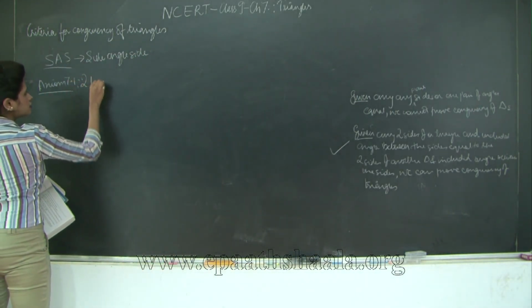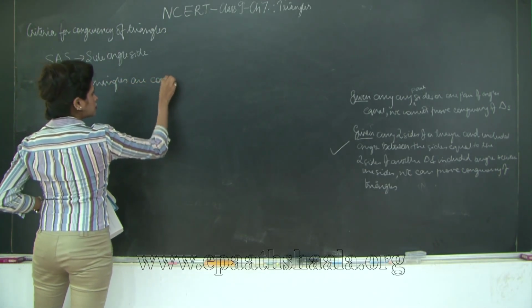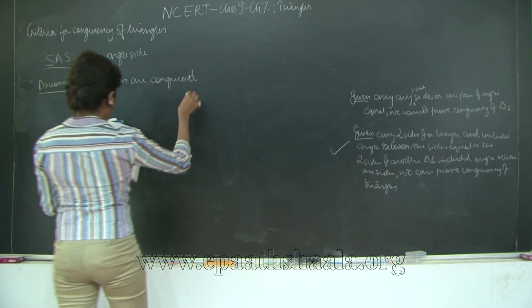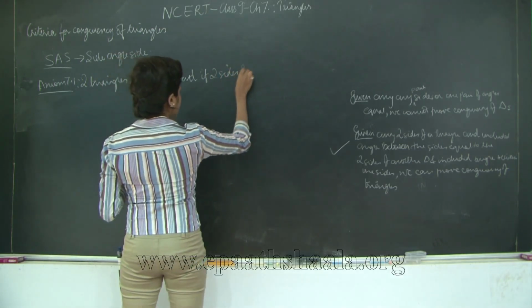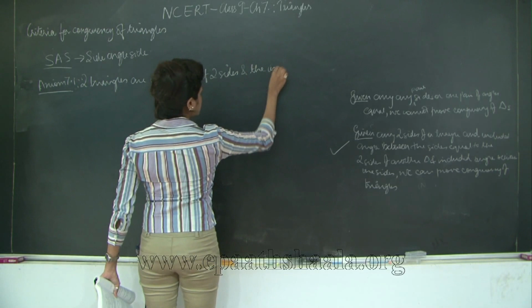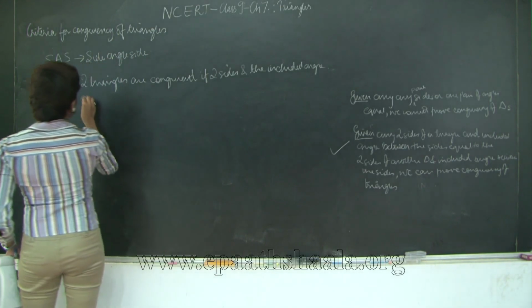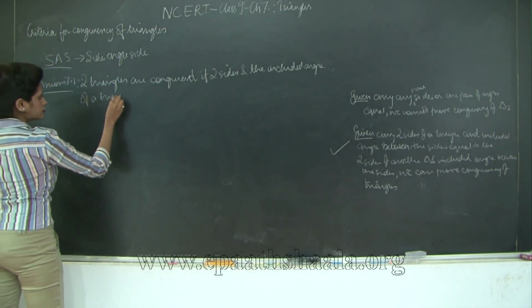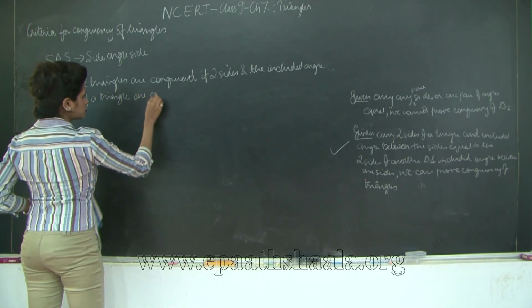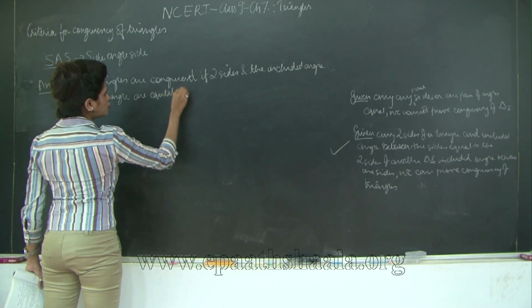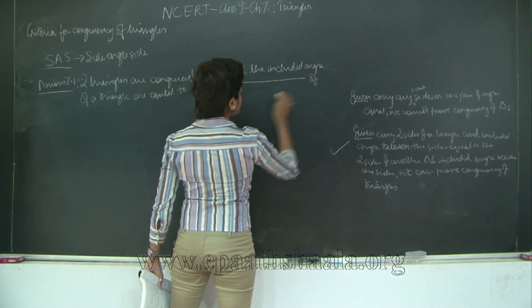Two triangles are congruent if two sides and the included angle of a triangle are equal to two sides and included angle of another triangle.